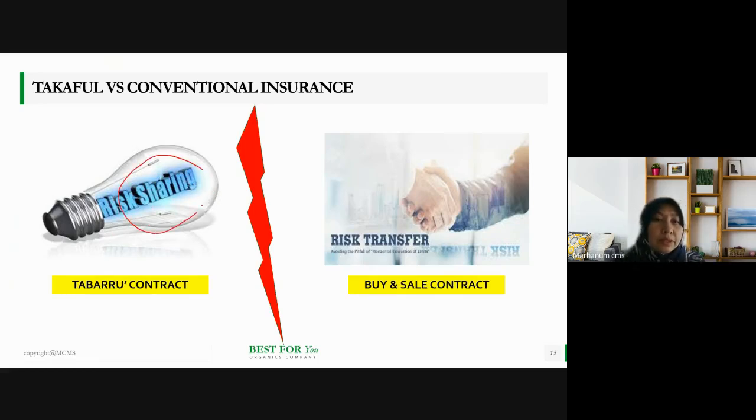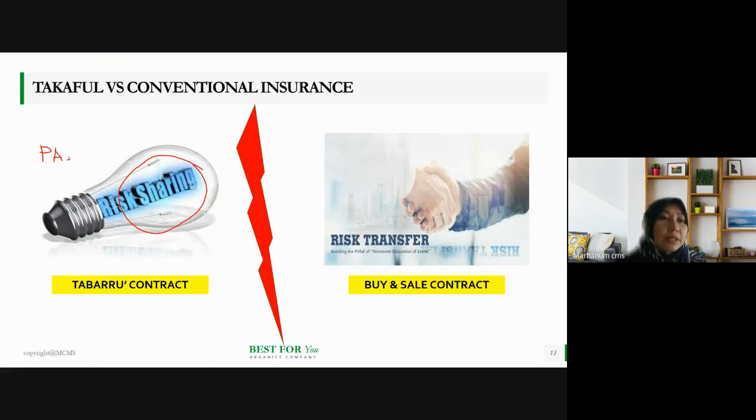Through risk sharing, the risk of all participants, like participant A, participant B, participant C, because I draw using the mouse pad.